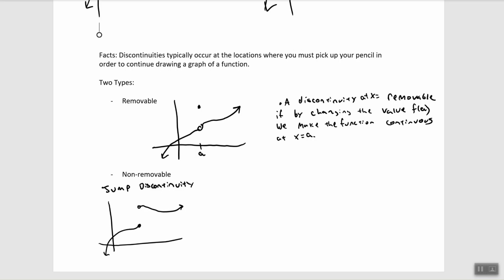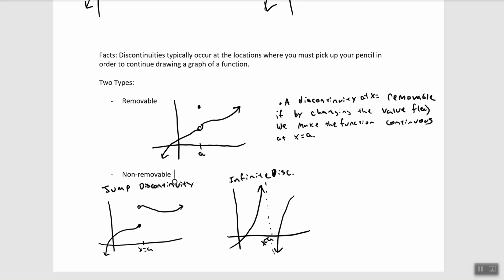Kind of think of it like steps, if you want. The second type is an infinite discontinuity. Anytime you have an asymptote involved, that means you have an infinite discontinuity at that asymptote. That asymptote's at x equal to a. Our jump occurs at x equal to a over here.